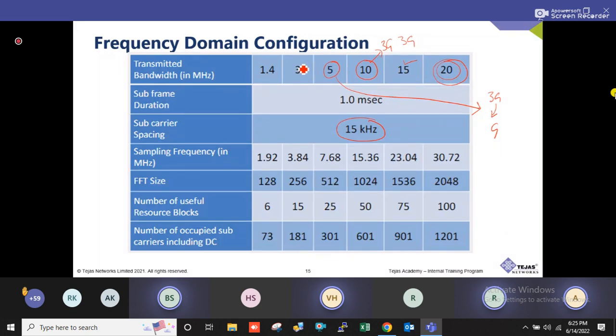Now, till this it is fine. What about these two? Why do we require 1.4, which is as low as or lower than what we use in 3G, isn't it? Any idea about why we have gone with 1.4 megahertz as the lowest frequency in 4G?